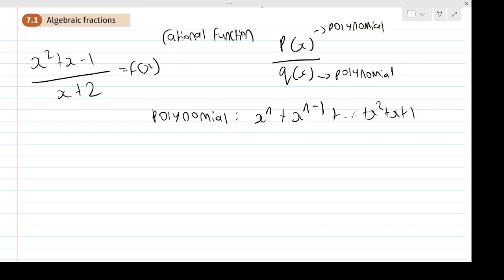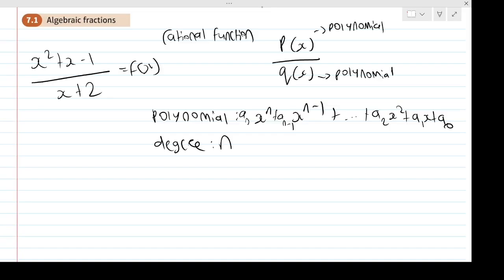And you can also have coefficients on all the terms, so that could be a_n, that could be a_n minus 1, add a_2. So that's a very, very general definition of a polynomial. And then also we call the degree of a polynomial the highest power of x. In this case, it'd be n.